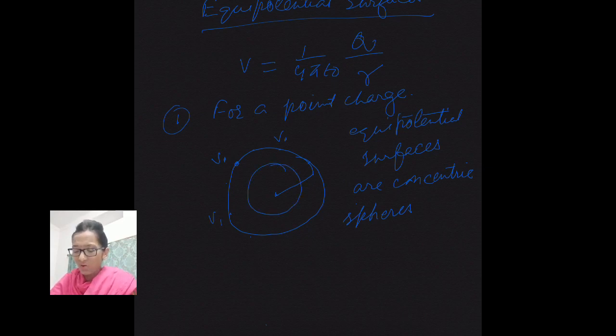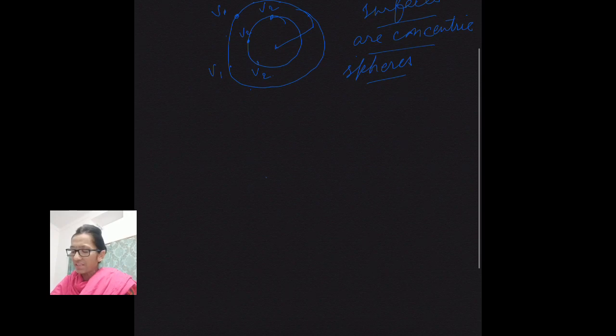Let us take another concentric sphere. If it has potential V2 at one point, then at all the points, as R is the same, the whole potential on this sphere is the same. So at every point you have the same potential, that is V0. So for a point charge, equipotential surfaces are concentric spheres.